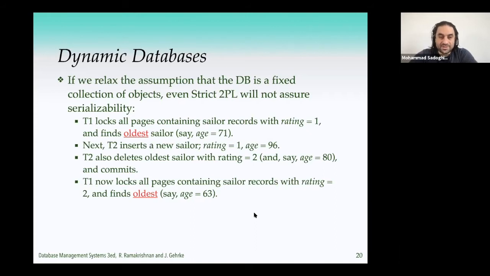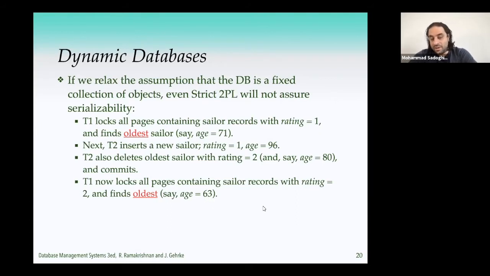So T1 now sees the effect of T2 removing the sailor of age 80, so the oldest age is now 63. In fact, that update of T2 is visible to T1. However, the first update of T2, which is to add the record 96, is not visible to T1.